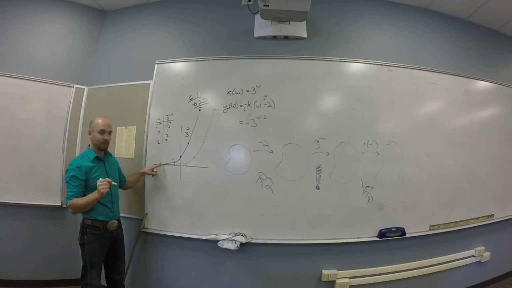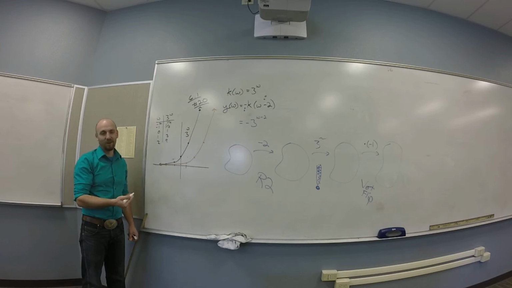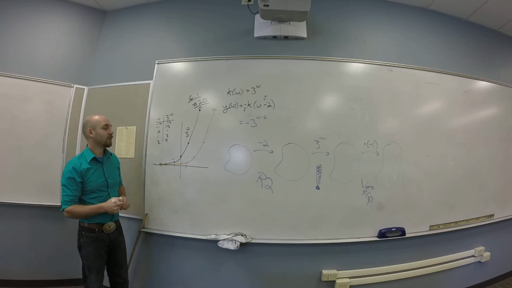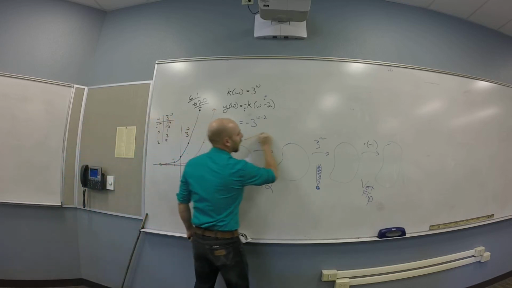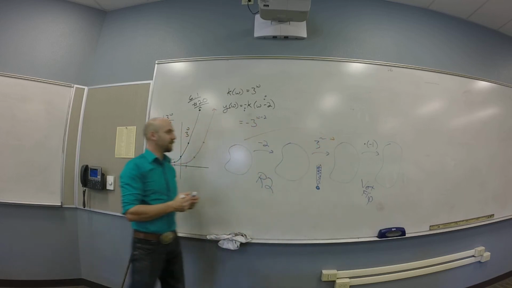Why doesn't it look like I did much over here? Because it's already really, really small. At this scale, making it 9 times bigger isn't that much. It's already pretty much 0 in my picture. That's really just bad drawing on my part. So this guy is the orange. That's just the right 2 part.